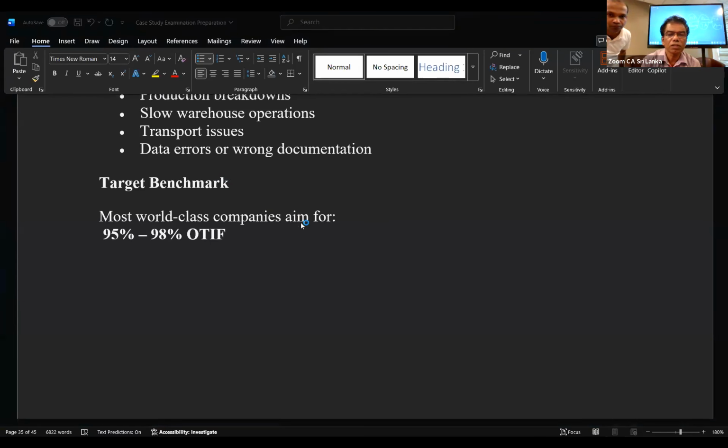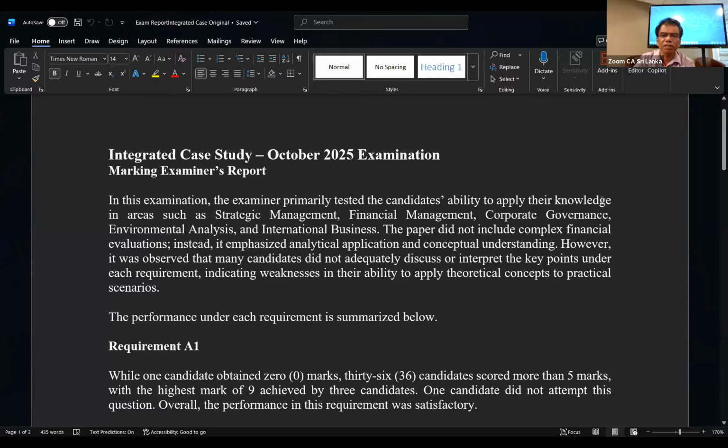So this is the examination report extracted from the report. Integrated case study, October 2020 examination, marking examiner's report. In the examination, the examiner primarily tested the candidates' ability to apply their knowledge in areas such as strategic management, financial management, corporate governance, environment analysis, international business. The paper did not include complex financial evaluation.